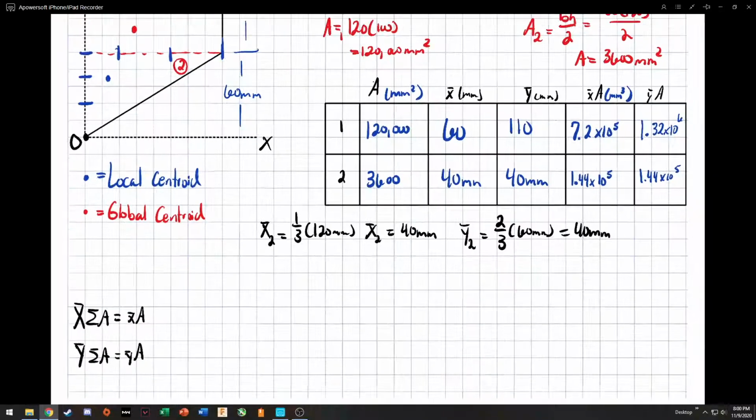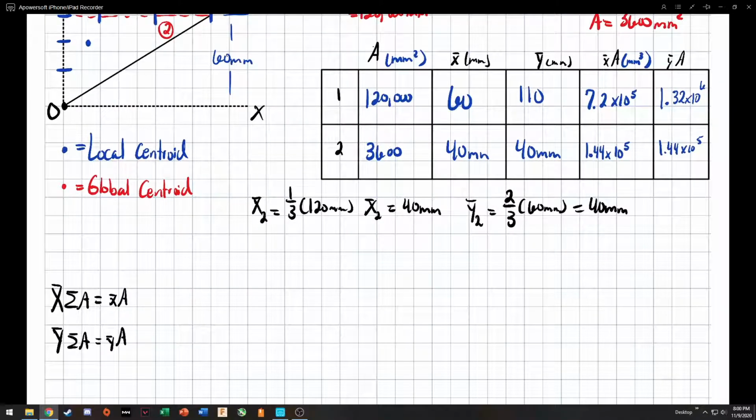Okay, so now that we have our table completed, we can go ahead and start summing our areas. So our sum of areas is going to be 15.6 times 10 to the 3rd. It's going to be square millimeters. Our sum of our x bars times our area is going to be 8.64 times 10 to the 5th.